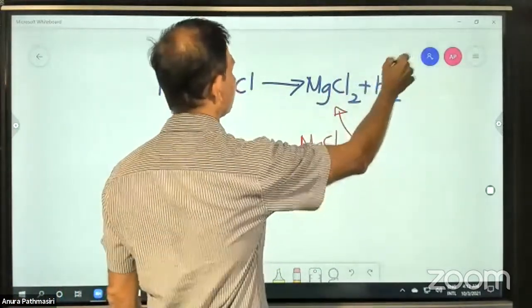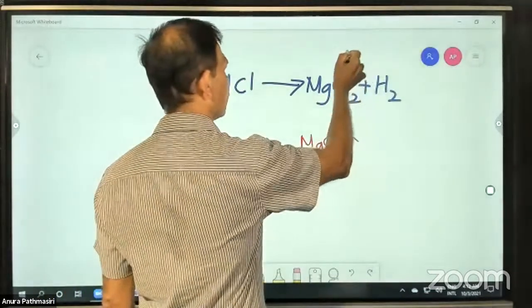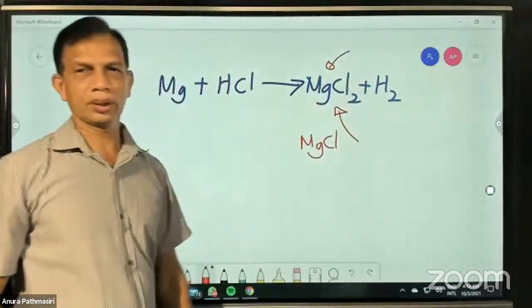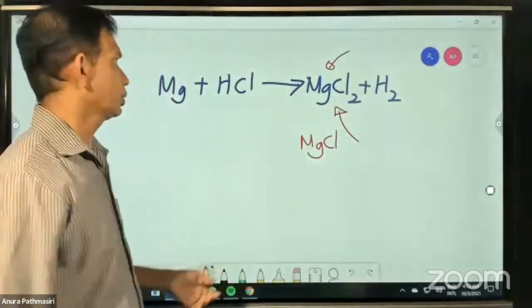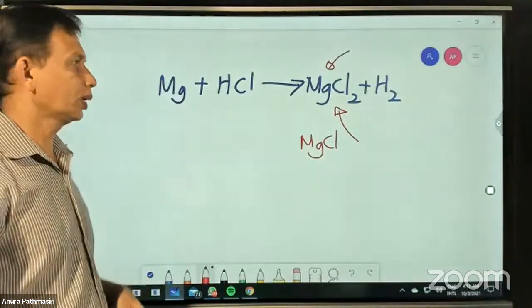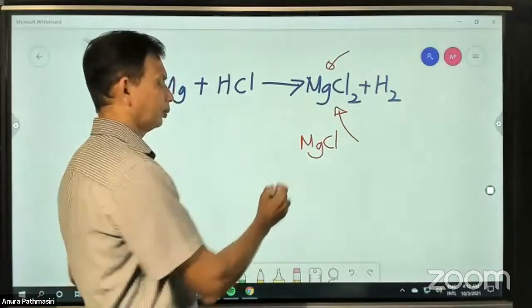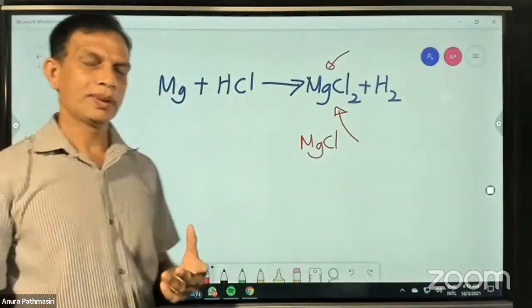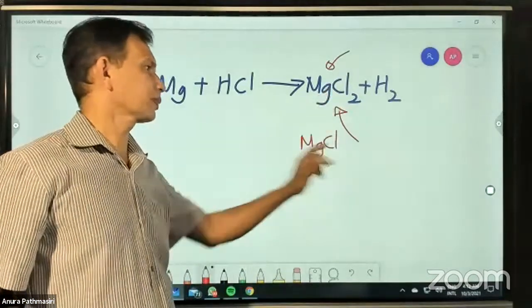And how is this hydrogen removed? Magnesium took chlorine and hydrogen was displaced. Why is that? The answer is, first, if you don't know about the valency number, then you can't understand this one.